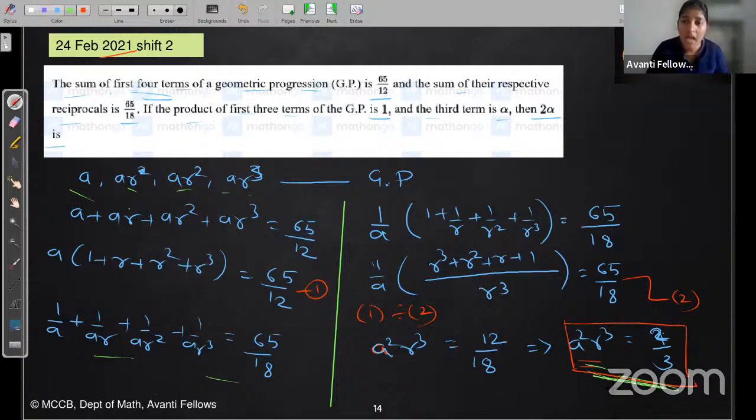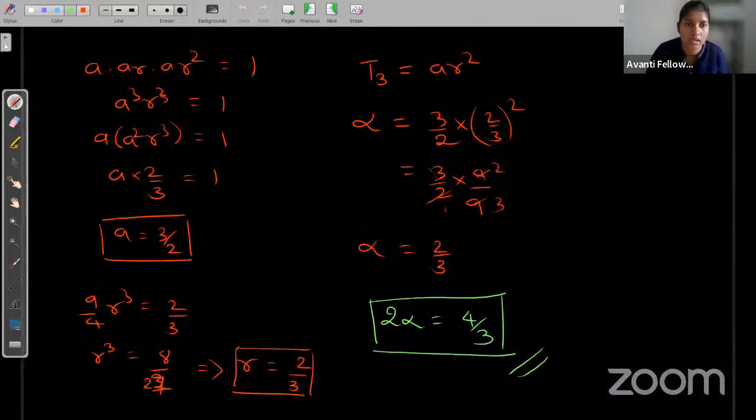After this, we made use of the third information. What was our third information? The product of the first 3 terms of the GP is 1. Using the third information, I found the A value. A is equal to 3 by 2.